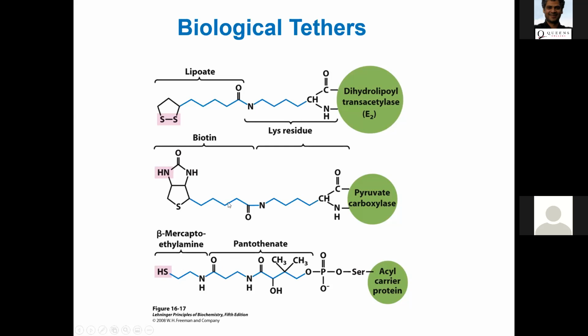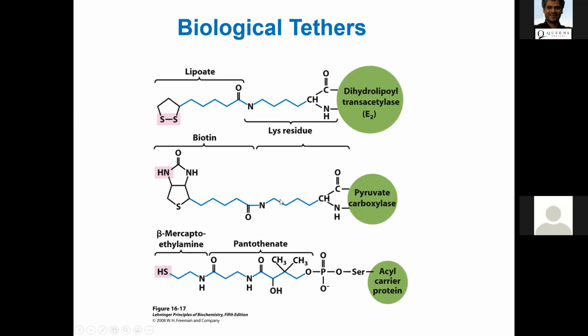So the reason that I am showing you this is that you can see that all these three enzymes as listed here, they carry these highly interesting cofactors that are needed in the enzymatic reactions, but they are attached through this long flexible linker as shown here in the blue bonds.